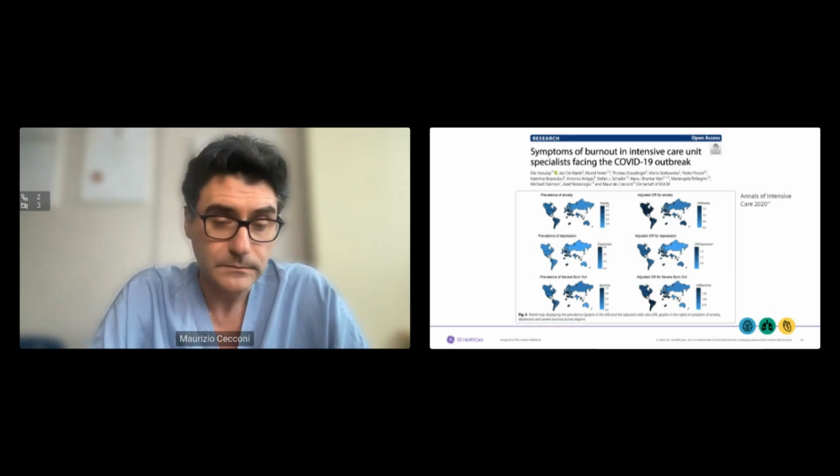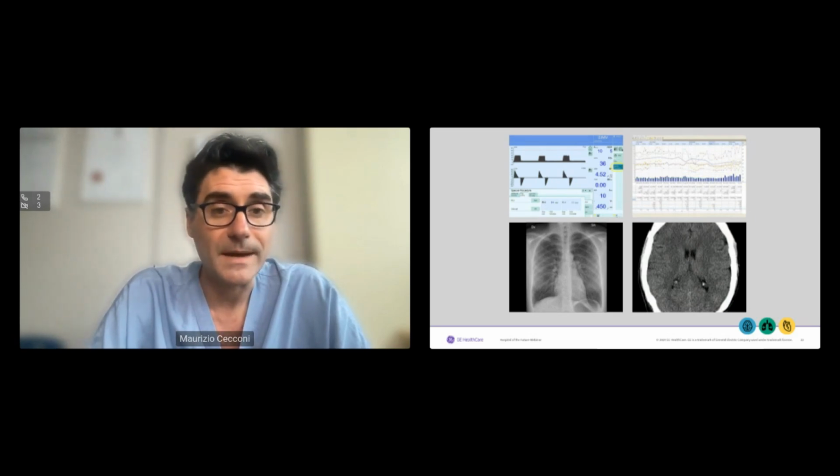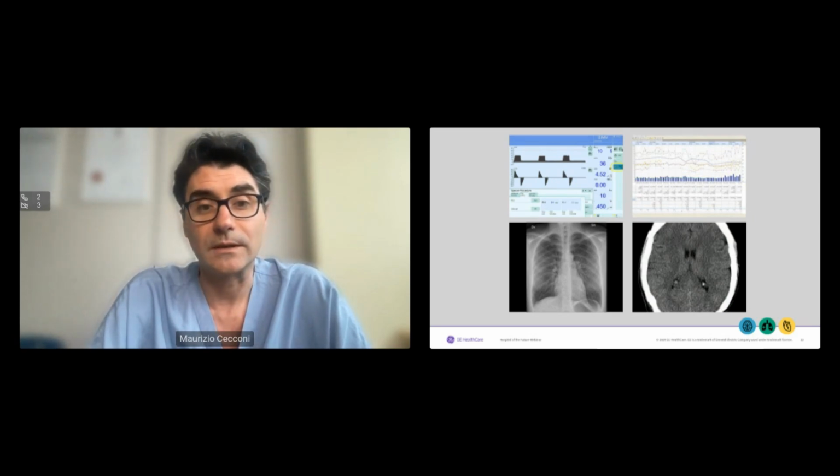Well, I think considering the massive amount of data and information that we get continuously, we need to think how we can process all this information, how we can get all this information in the right way so that our job is facilitated by this. And you know that the amount of data that we collect and produce in intensive care is enormous.